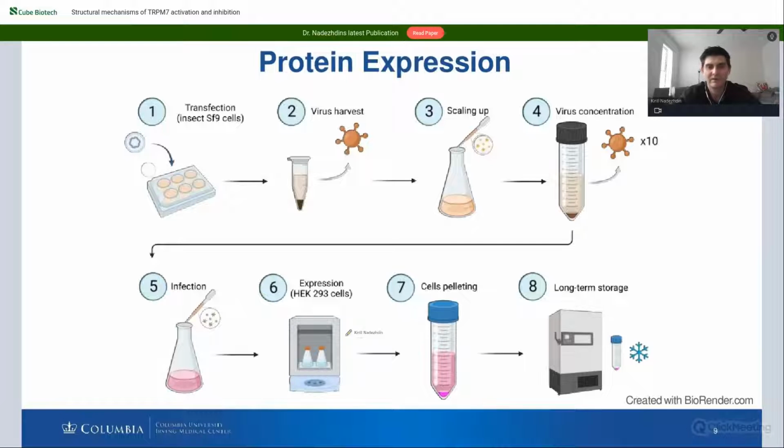After that, we harvest the cells, pellet them, and store them for future structural studies. In total, this protein expression takes about 2 weeks, from bacmid transfection into Sf9 cells to the final cell pellet.